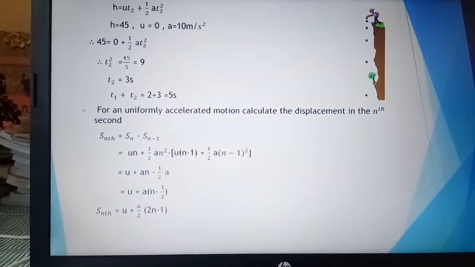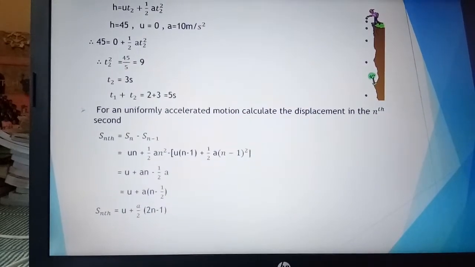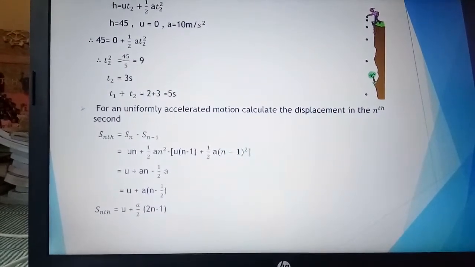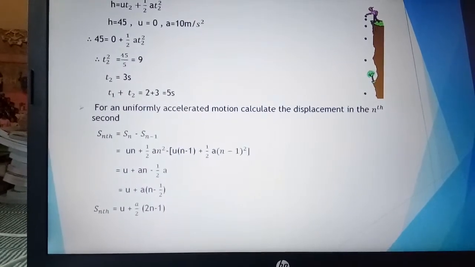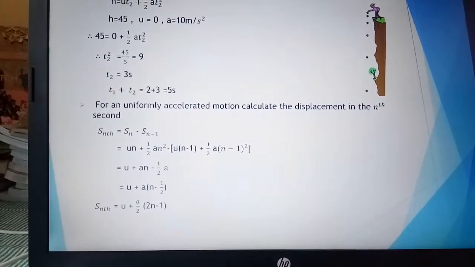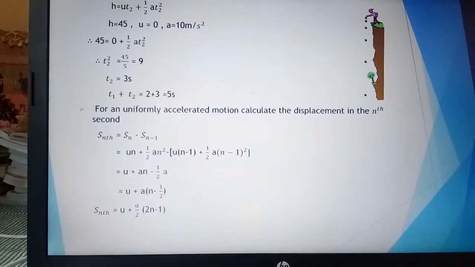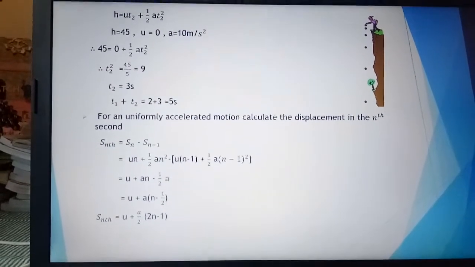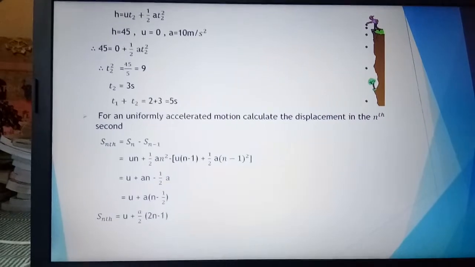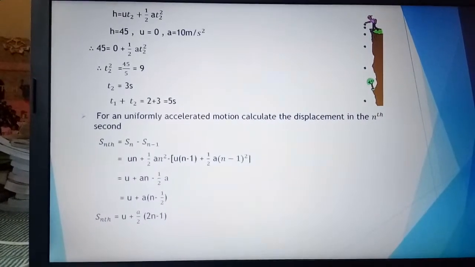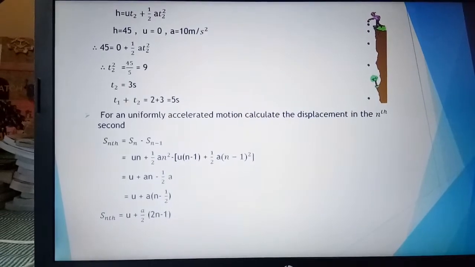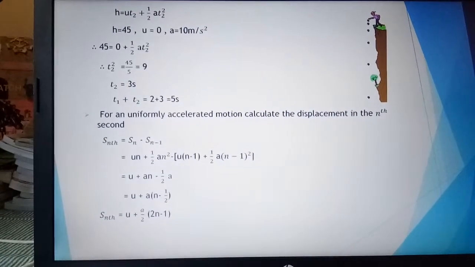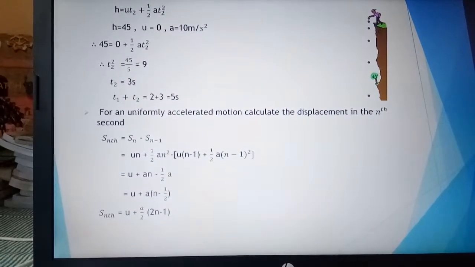Therefore, S_nth is equal to u plus a into (n minus half). Therefore, S_nth is equal to u plus a by 2 into (2n minus 1). We can solve a number of problems based on this equation, distance covered in the nth second.